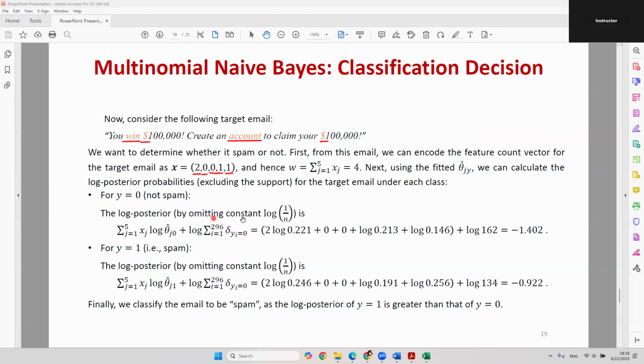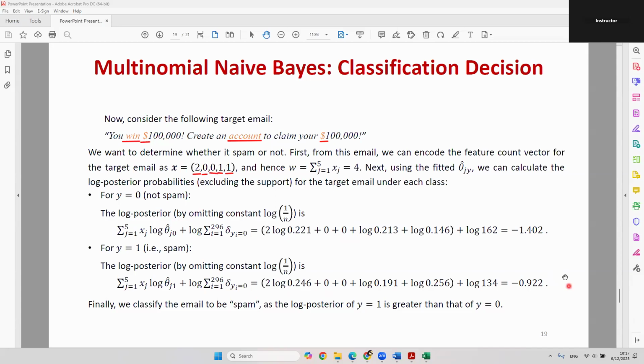By omitting the constant, you substitute the numbers and get, for not spam, the label y equal to 0, a log posterior of negative 1.4. For spam, the label y equal to 1, the log posterior is negative 0.922.